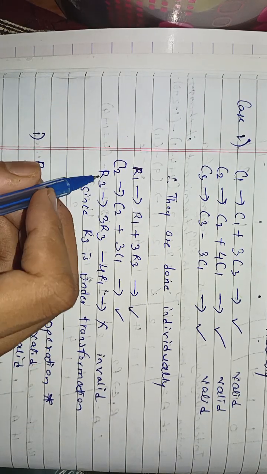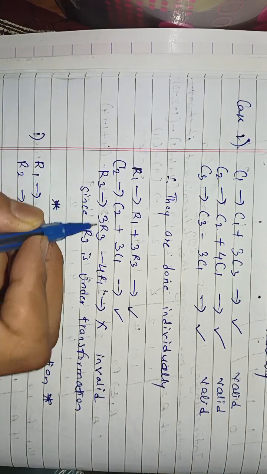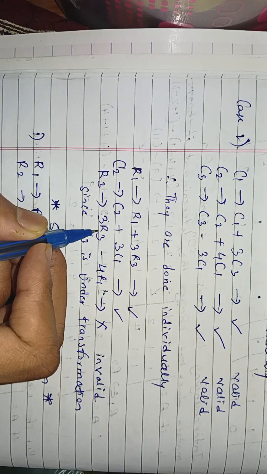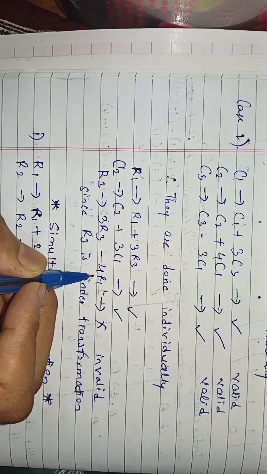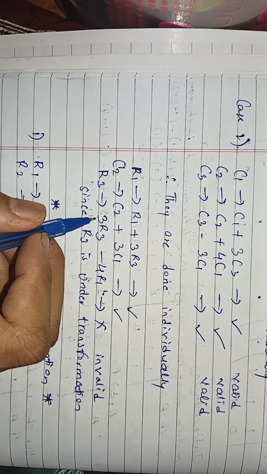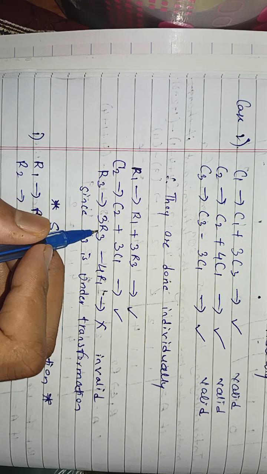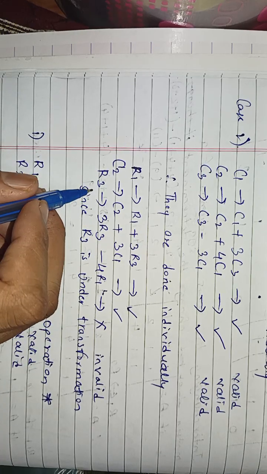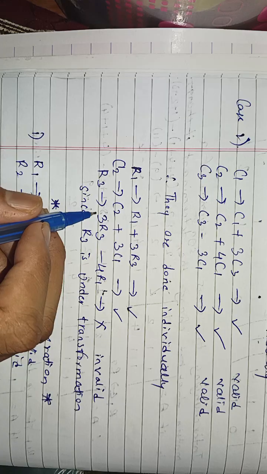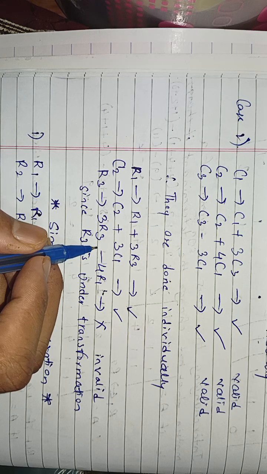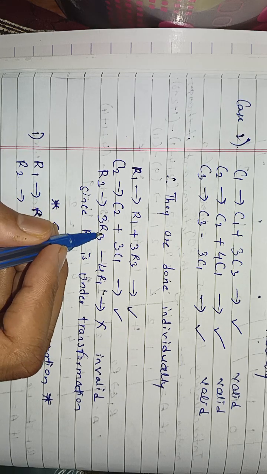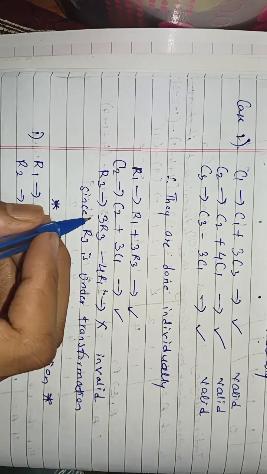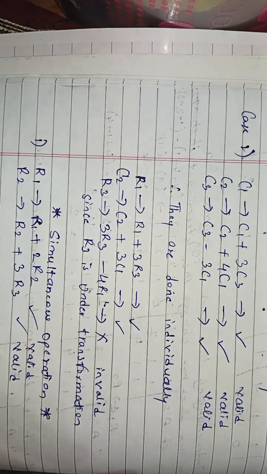In this step, you have multiplied a scalar value to R3, which is under transformation. You cannot multiply a scalar value to the row which you are transforming. So here you can do 3R2 or 3R1, but you cannot do 3R3 since R3 is transforming.